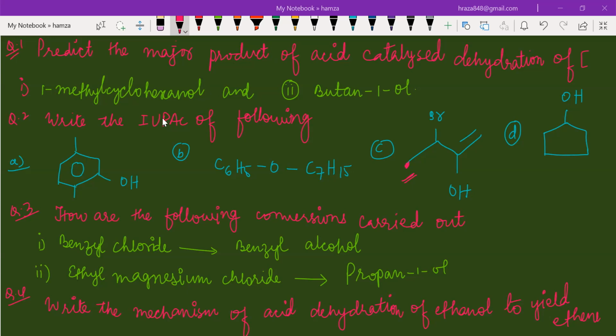No, it's part of question number 2. You need to write the IUPAC name of this A, B, C, D. It's not an option. Are you getting it? Yes, sir.